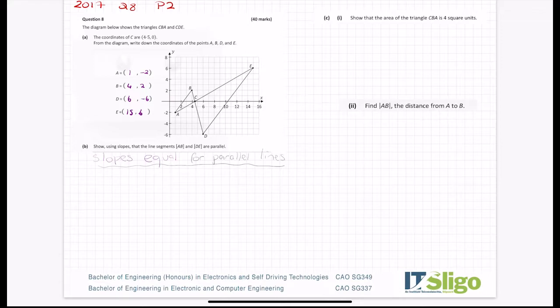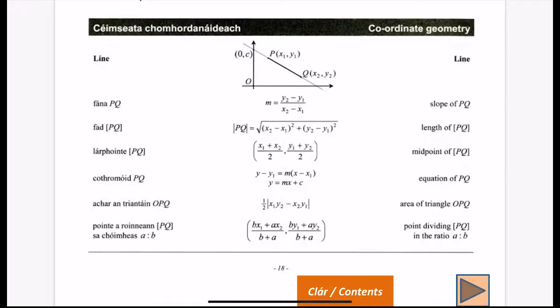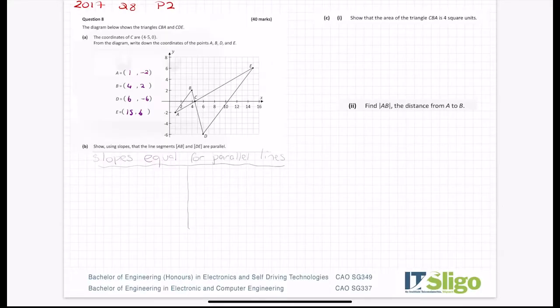Okay, so I'm going to just split the page. So to show that a line is parallel, we're going to use slope. So page 18 of the log tables, you can see a formula for slope. M is equal to y2 minus y1 over x2 minus x1, and they always use m for slope.